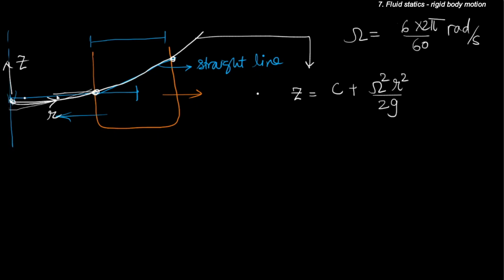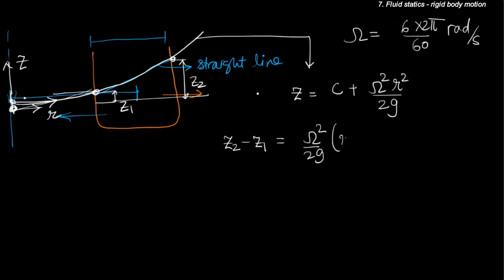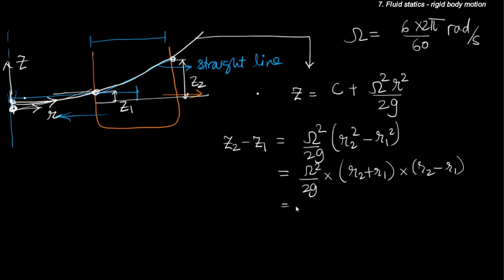From this point of the parabola, this height is suppose z1 and this height is z2, then the difference in the fluid level will be equal to z2 minus z1, and it is simply going to be omega square upon 2g times r2 square minus r1 square, and this will be equal to omega square upon 2g times r2 plus r1 times r2 minus r1, and this is going to be omega square upon 2g.